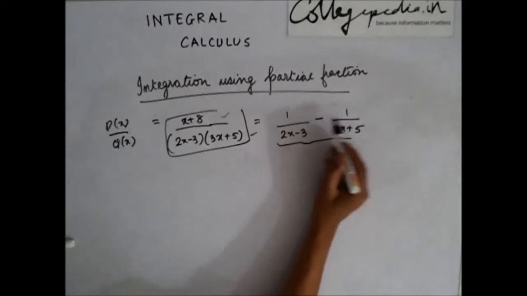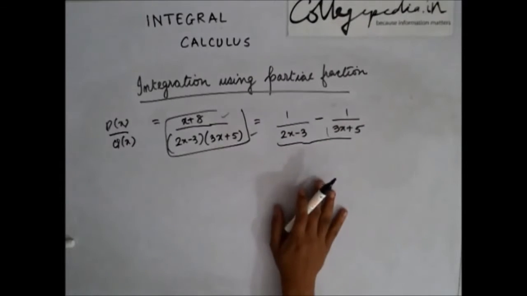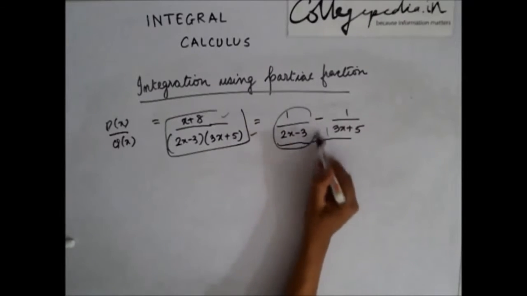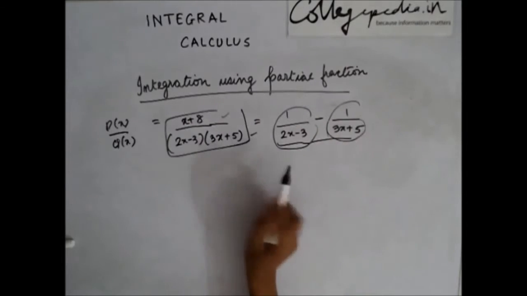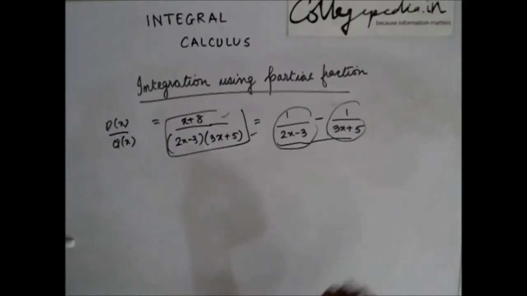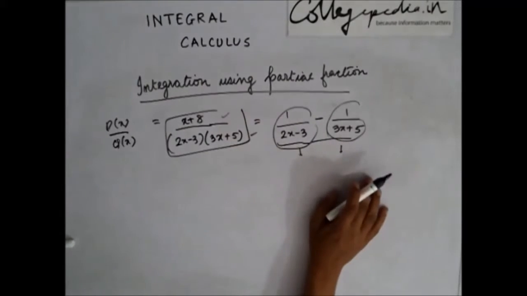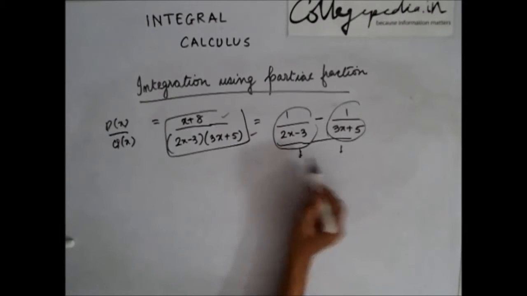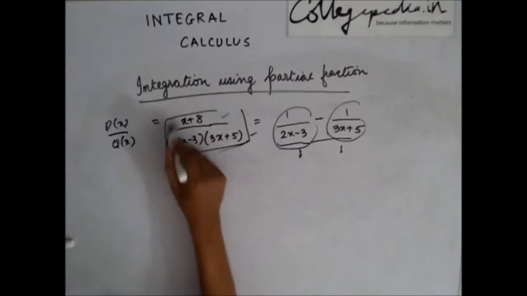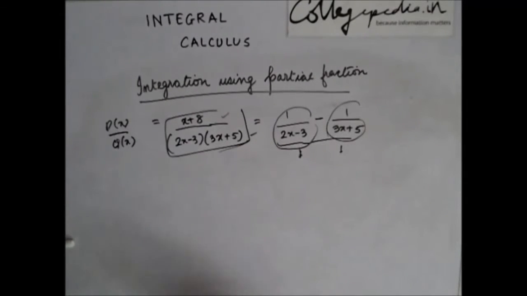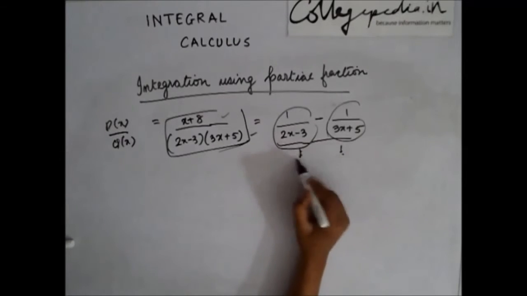Now if I simplify this like this, then each of the fractions which I get are known as partial fractions. As you can see, this is a fraction, this is a fraction. So why are they called partial fractions? Because partially they complete the whole fraction, which is this.